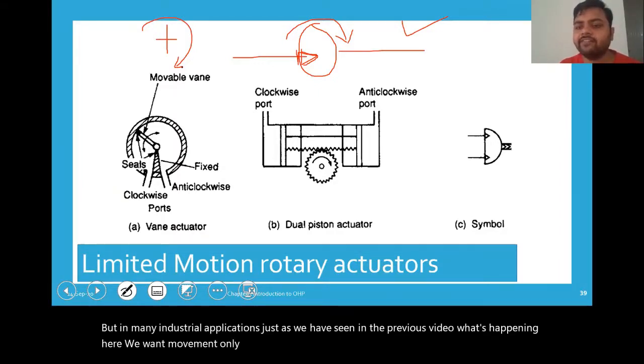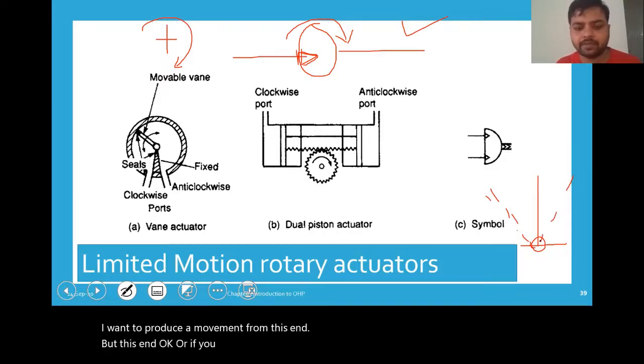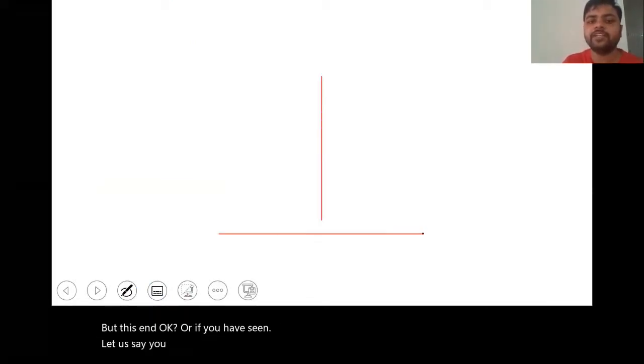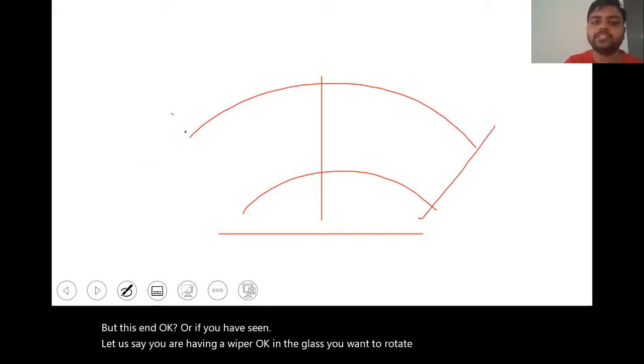Let us say I have an application in which I want to produce a movement from this end to this end. Or let us say you have a wiper on the glass, and you want to rotate the wiper from this end to this end only.